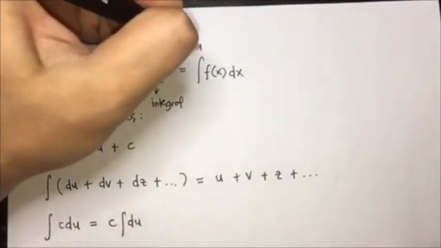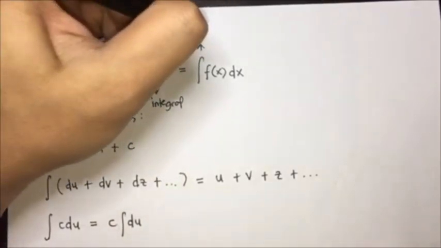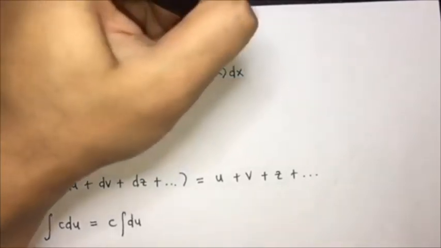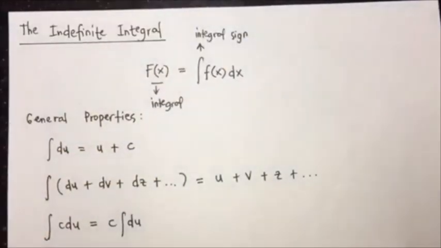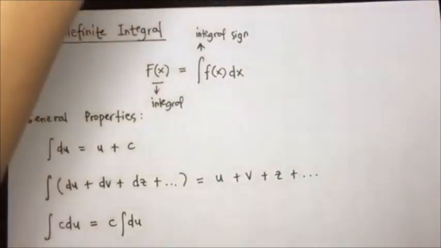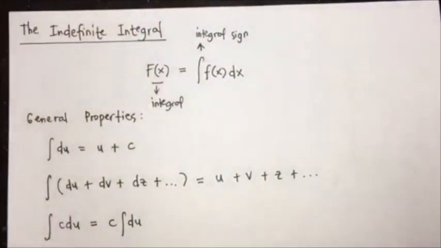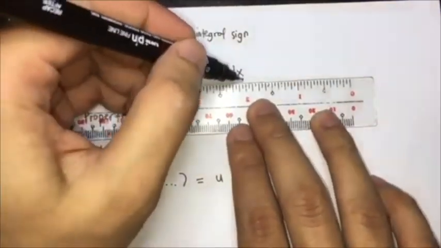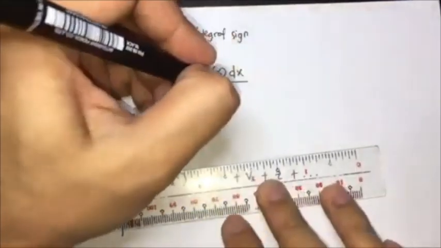This sign is obviously the integral sign. So whenever we see the integration sign, we are asked to integrate, and the function inside the integral sign is called the integrand.